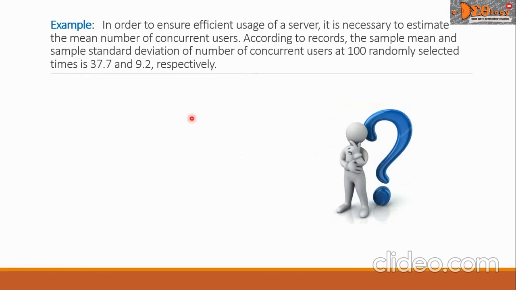Let us have this example. In order to ensure efficient usage of a server, it is necessary to estimate the mean number of concurrent users. According to records, the sample mean and sample standard deviation of number of concurrent users at 100 randomly selected times is 37.7 and 9.2 respectively.